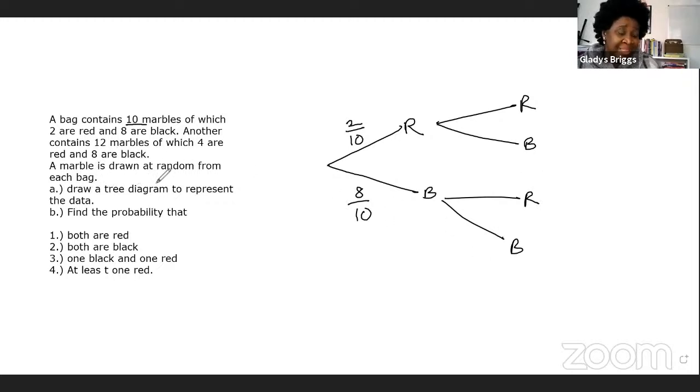It says they are independent. If there are two different bags, then they are independent. What happens in one bag does not affect the other bag. So this would be 4/12 and 8/12. Abra, are you okay with that now? Then now you can find the rest, okay?